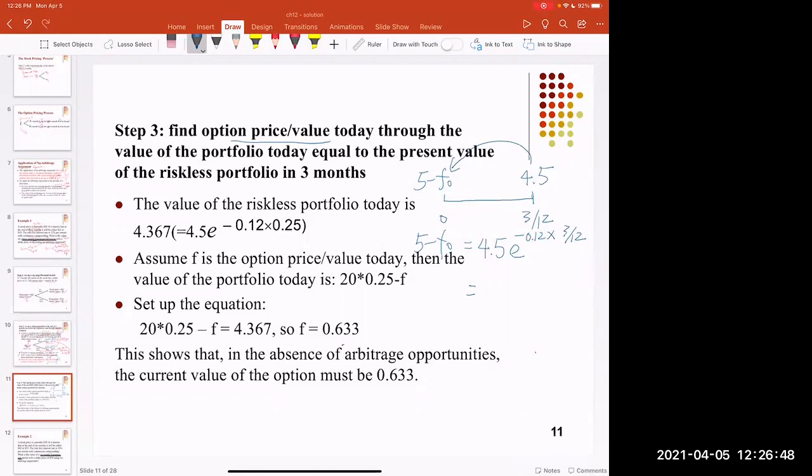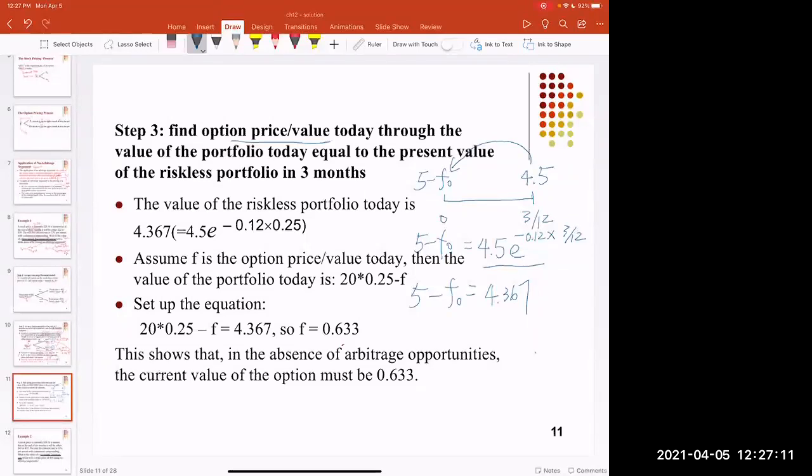Equal what? I hope you use your calculator to do the work by yourself. So this part, you should get 4.367, right? And then 5 minus F0.